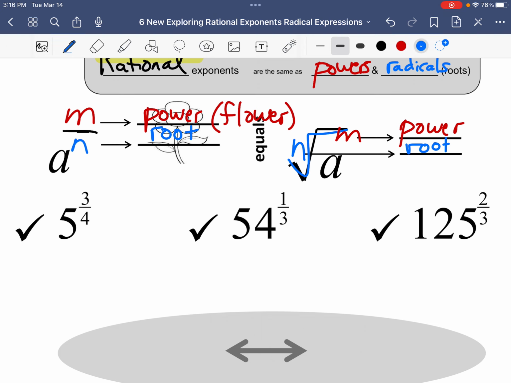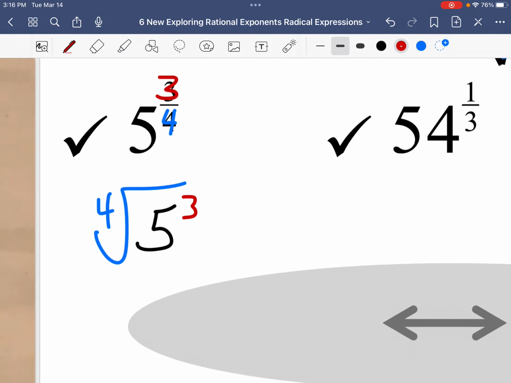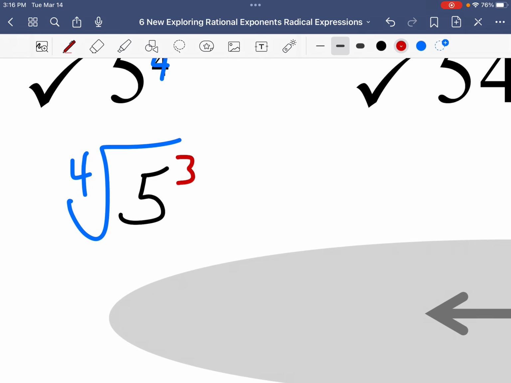then a lot of times kids will first think about the root. Now that would be like the 4th root of 5 and then to the 3rd power. So 3 is the power that goes on 5. Now, if you're looking at this and saying, what do you do with it? Well, you do what you can.